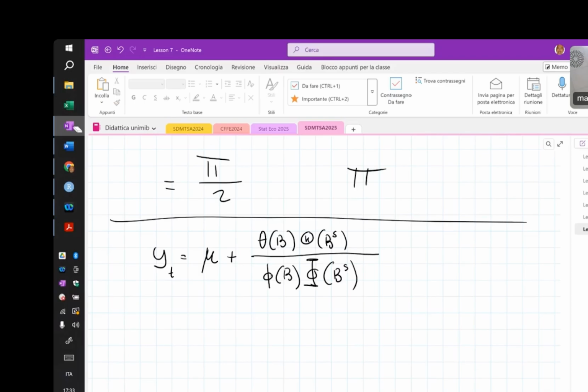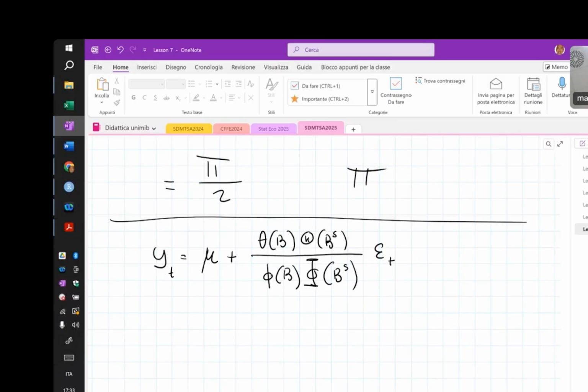And this is applied to the white noise. In this case, this is the mean and not the intercept, okay? Because this is a mean zero ARMA process. So if I add the mean, this is a mean mu ARMA process.